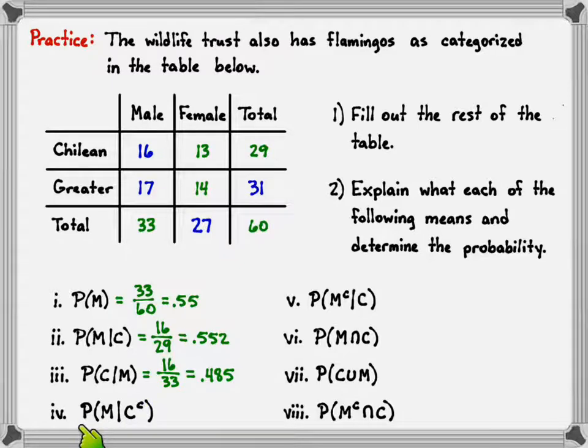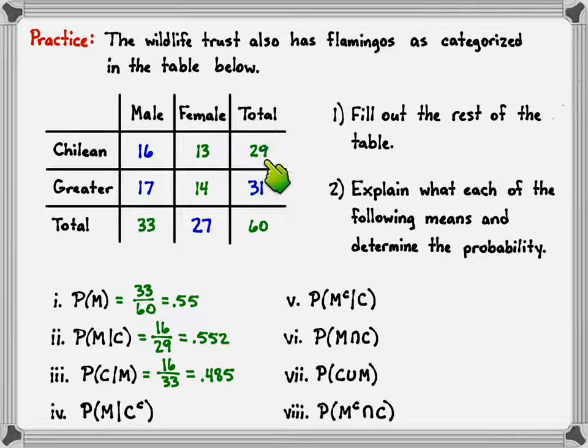Now this one gets a little bit more complicated because we have a not in it. What is the probability that a flamingo is male given that it's not Chilean? Well, in this table it's pretty easy because if it's not Chilean, then it's greater. But if we had more options like in the previous problem, you would have to add up all the other things that are not Chilean. So how many things are not Chilean?